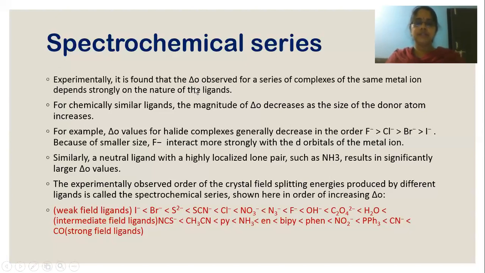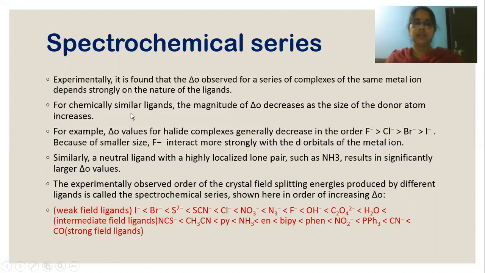This crystal field splitting is different for a number of complexes, and it depends mainly upon the nature of the ligands. It is observed experimentally that the crystal field splitting energy in an octahedral complex depends on the nature of the ligands.